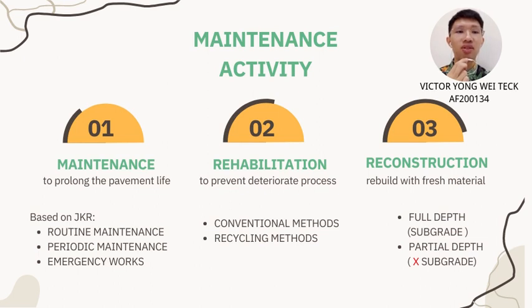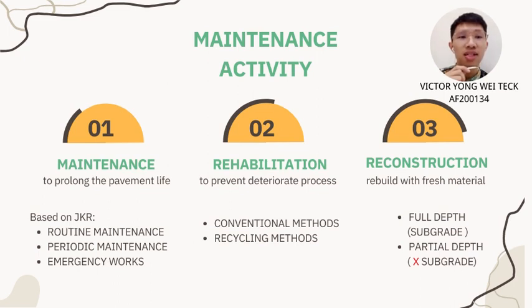Rehabilitation is to slow down the deterioration process, while reconstruction is to rebuild the road with fresh material. Commonly, maintenance can be divided into routine maintenance and preventive maintenance. Based on JKR, it can be divided into three: routine maintenance, periodic maintenance, and emergency works.